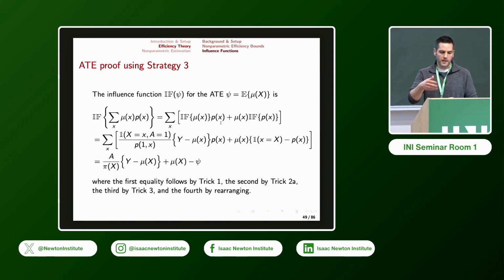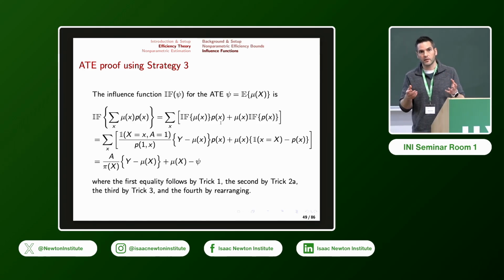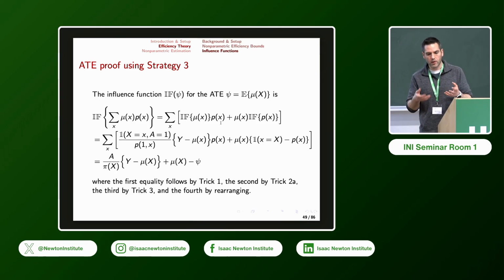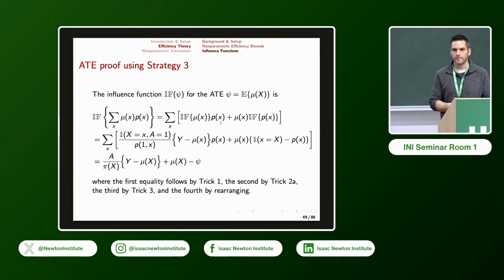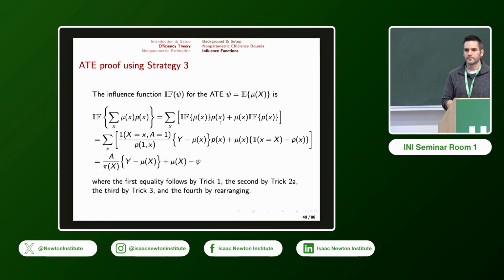This is that Gateaux approach, which to me amounts to picking a particular choice of submodel which has a score equal to a point mass, so that when you evaluate that derivative, you just get back the influence function. For me, this feels a little faster, but I think different people have different preferences about these things.